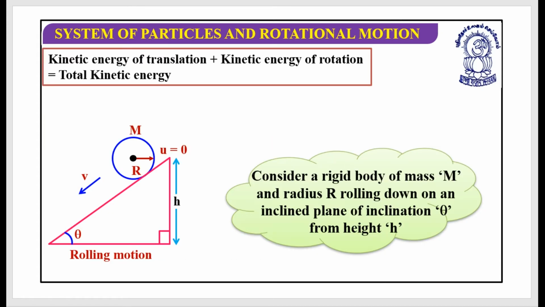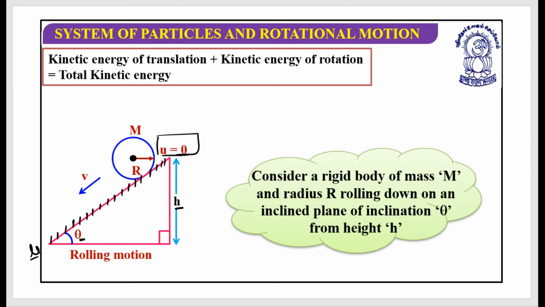Now let's look at this. The body has been released from here, so u equals 0. This height is h, this angle is theta, and it is moving in this direction, and this wedge is with friction.